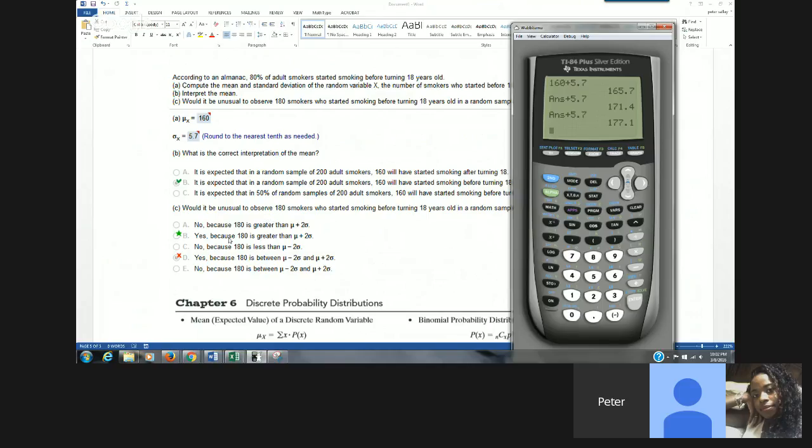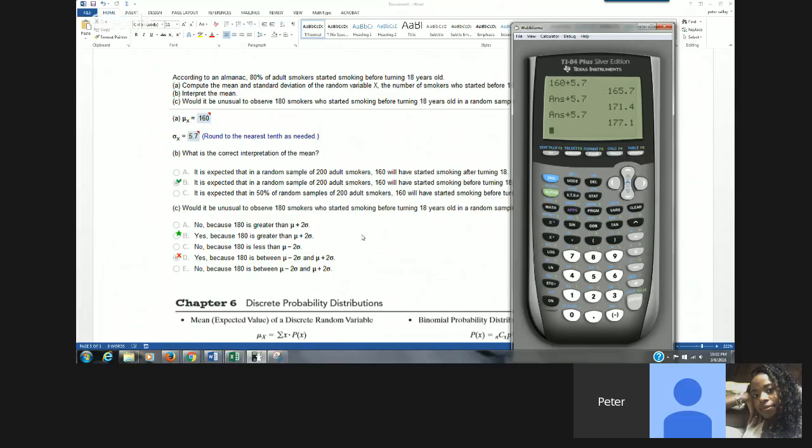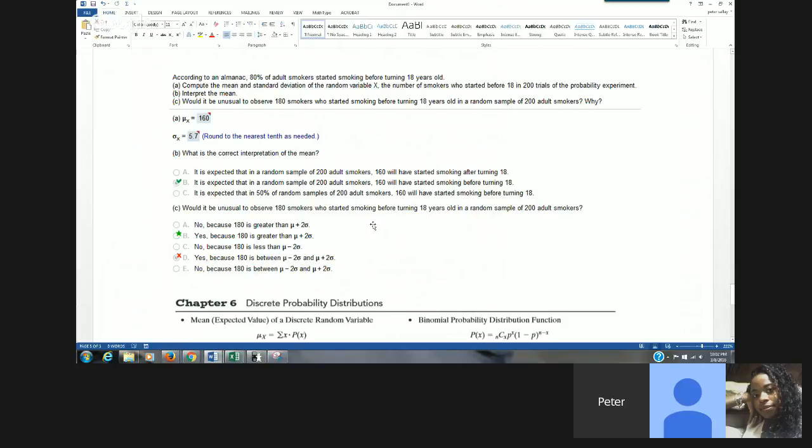So the correct answer is yes, and the rationale is that 180 is bigger than two standard deviations above the mean. I actually get that it's 3, or even more than 3, which if you think back to the normal curve, you're looking at less than 1% of your data. Anyways, hopefully that helped.